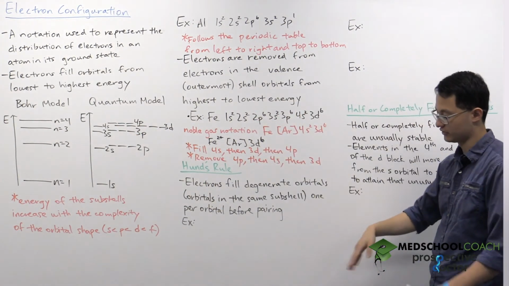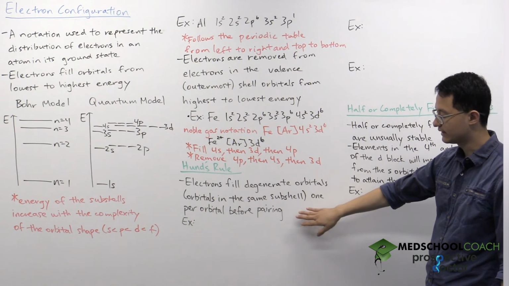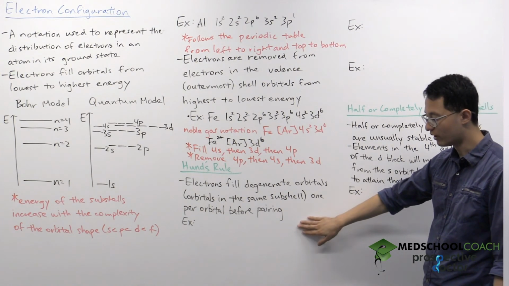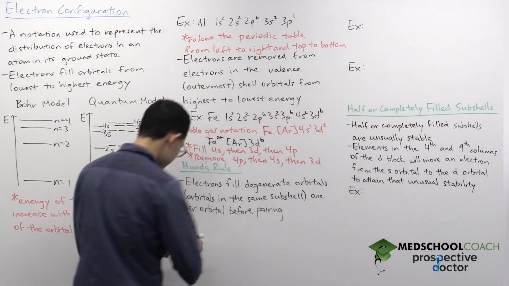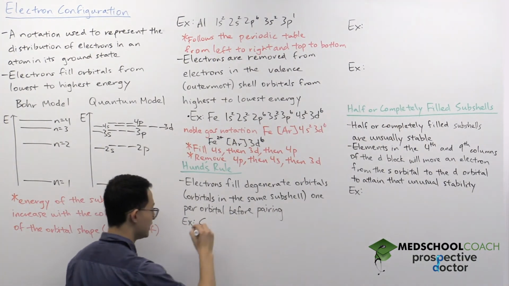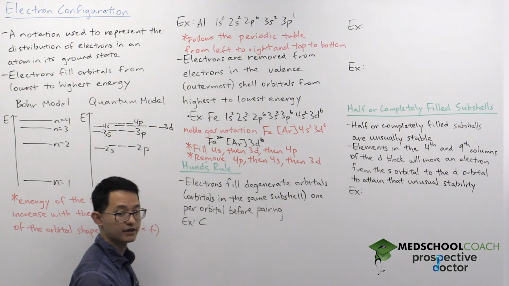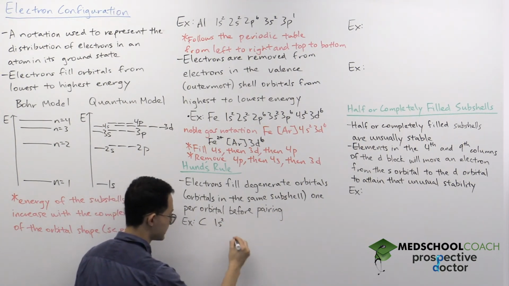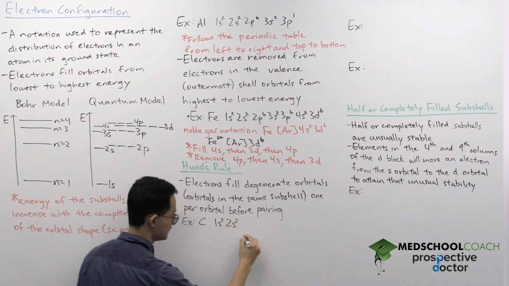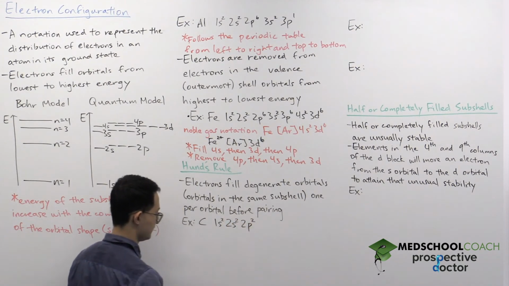So to illustrate what we mean by filling the degenerate orbitals one per orbital before pairing, let's take a look at an example. We can look at carbon, which if we're just following the periodic table to write out the electron configuration, you would have 1s2, 2s2, 2p2.